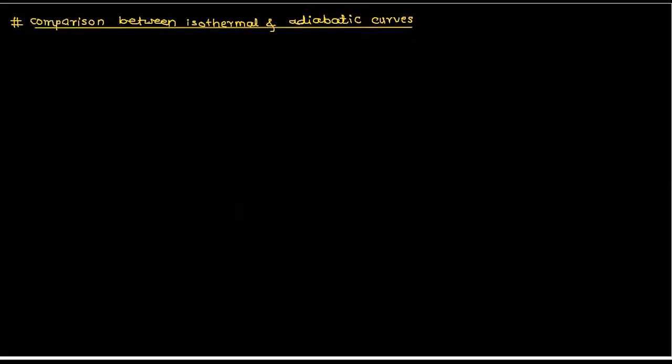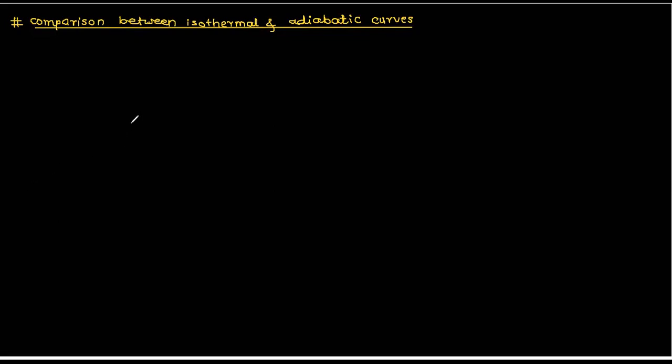Okay, so what is the title? See, comparison between isothermal and adiabatic curves. Okay, so these isothermal and adiabatic curves in different cases we will see in this topic.